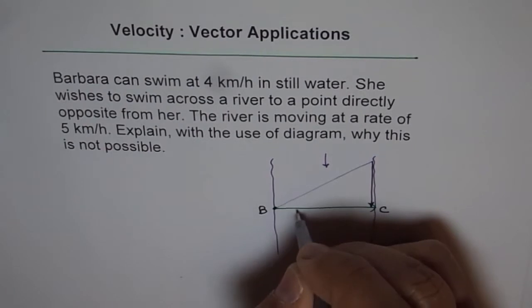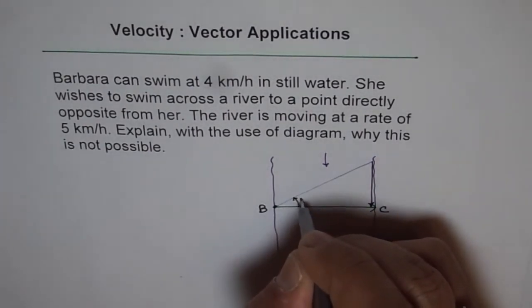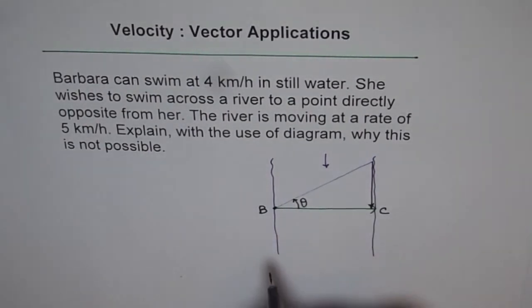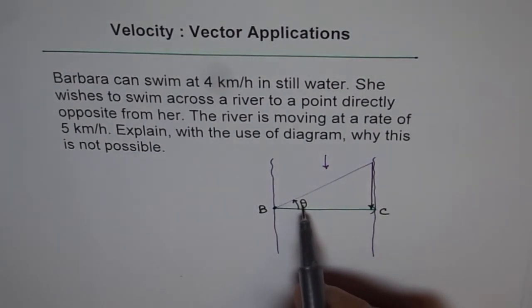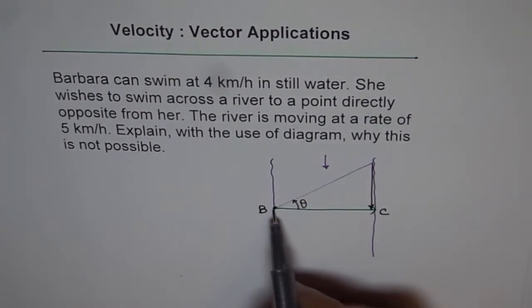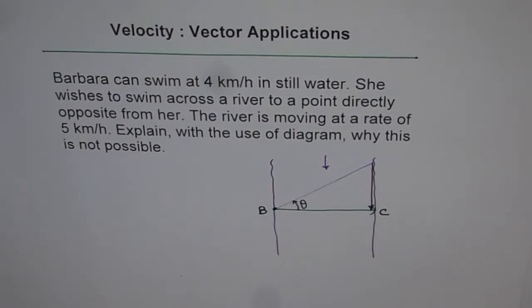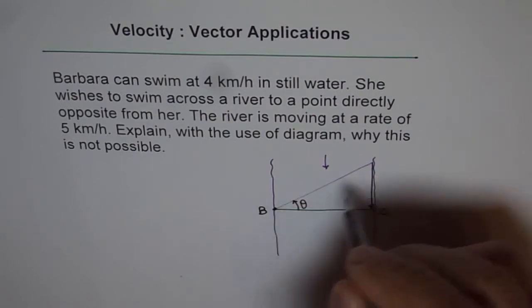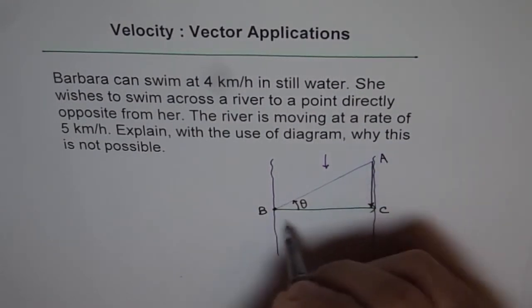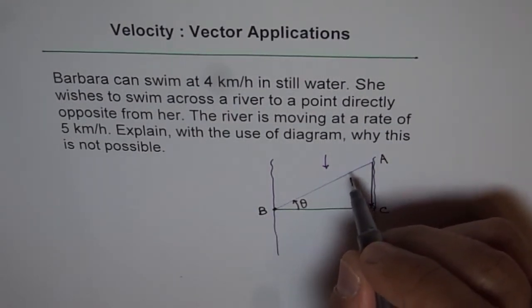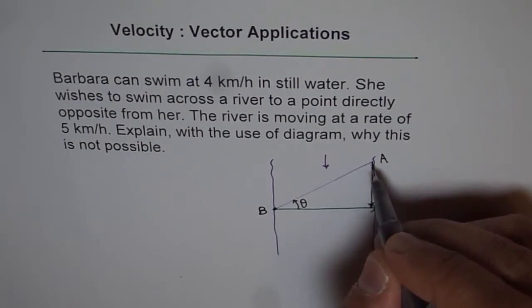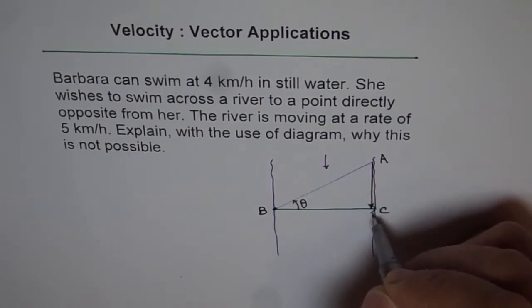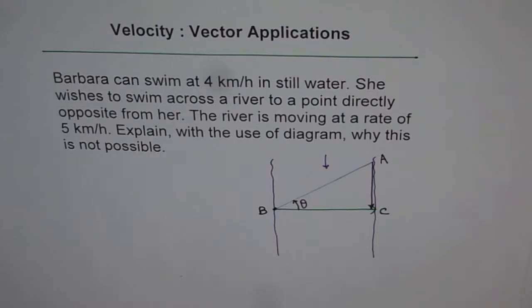So she has to start at an angle theta. You can figure out what this angle is, which will make it possible to reach from B to C, which is directly across. So where is that point A? In which direction should Barbara head so that she reaches C? That is what you need to figure out.